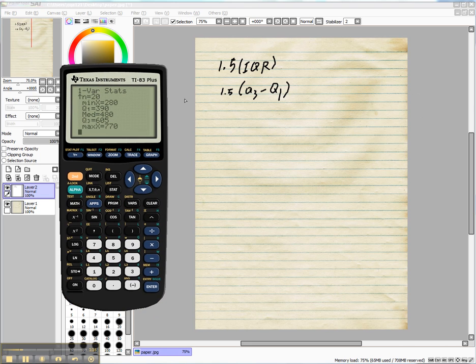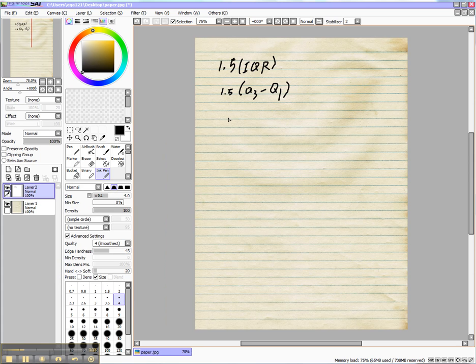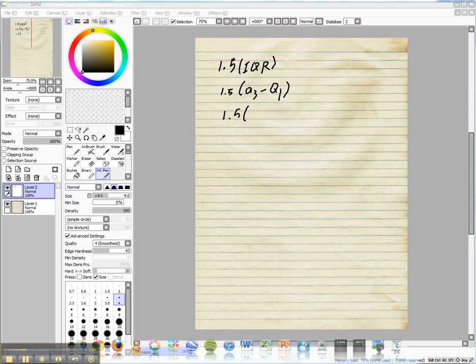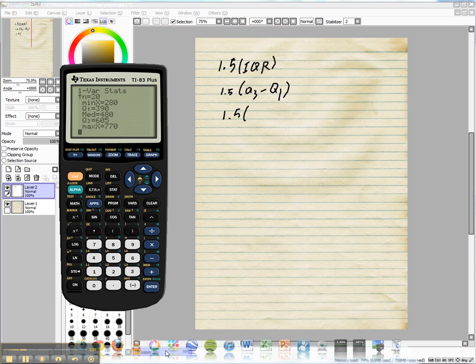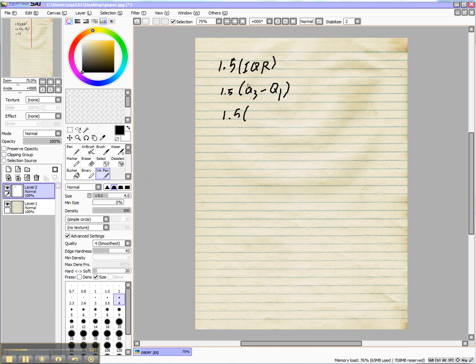So let's put that into our information. Sorry, let me pull it up again. 605 minus 390. Okay, let's just work this out on the calculator and see what this is.